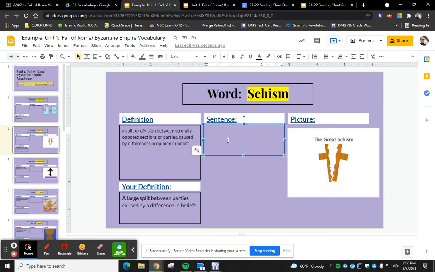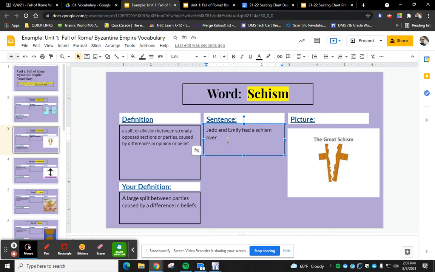All right. Now, for the word schism, we can use that like a verb. So I'm going to say Jade and Emily had a schism over, what should they fight about?